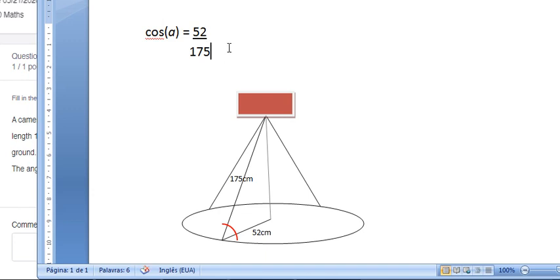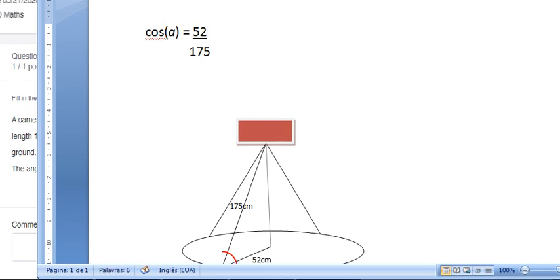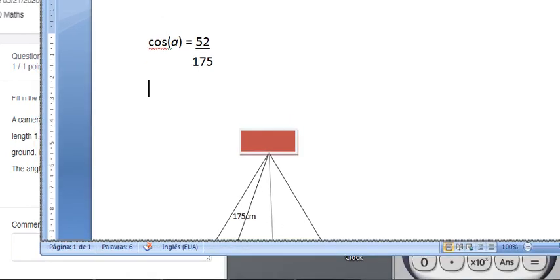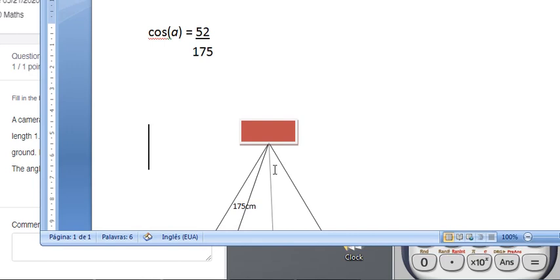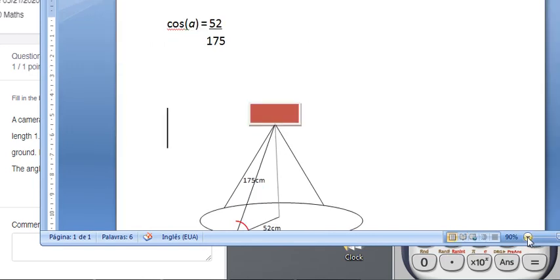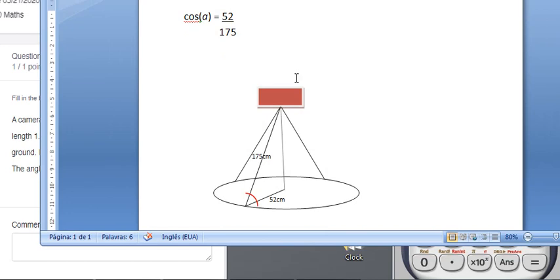So from here we can say that the angle alpha is equal to the inverse function of cosine of 52 divided by 175.